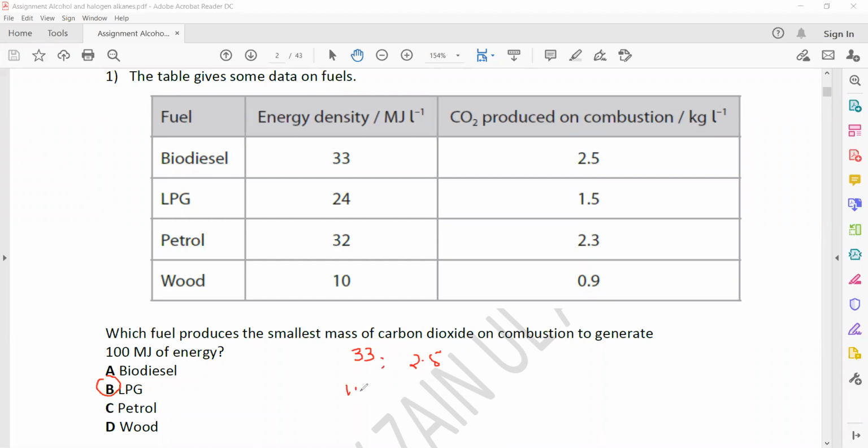But we need it for 100, so that will be X. And you repeat the same thing for 24 megajoule of energy per liter, which produces 1.5. So if it is 100, that will be X. Cross multiply, you will find the answers, and the smallest answer for carbon dioxide will be LPG. That's why B is the right answer.